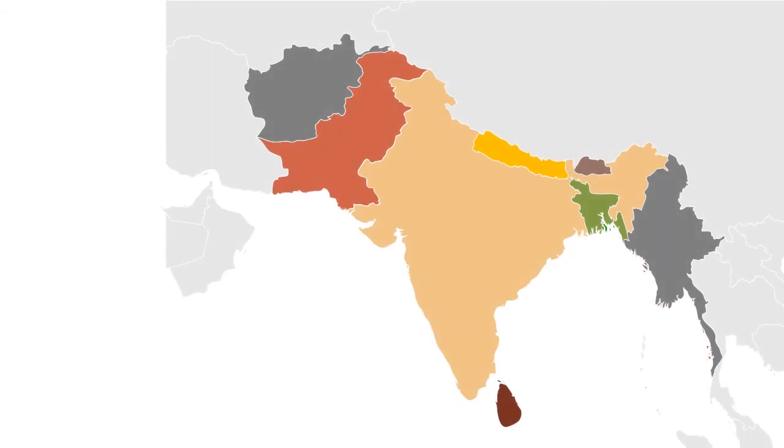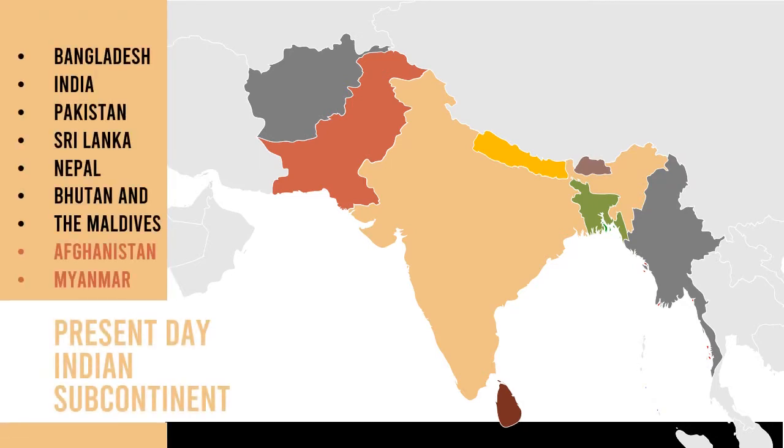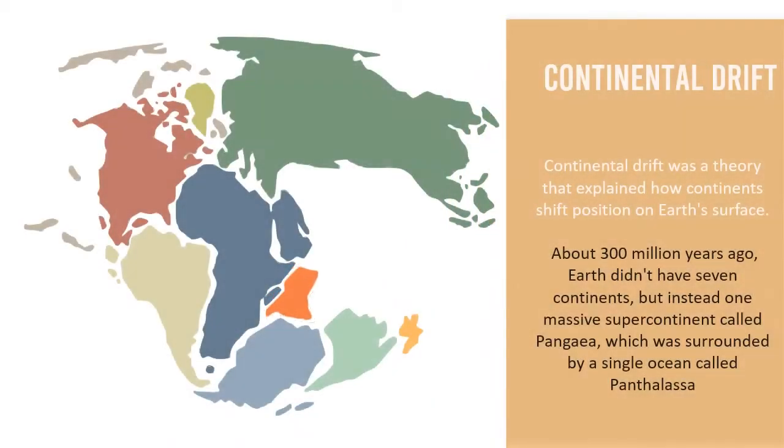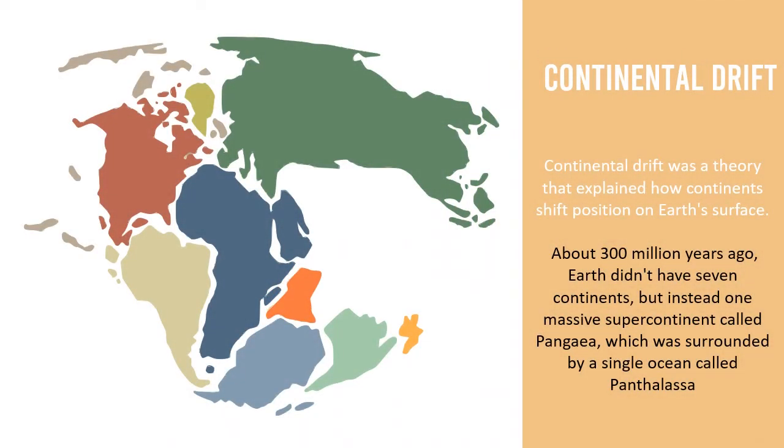According to the continental drift theory, the world was a singular mass about 300 million years ago, a supercontinent which is called Pangaea. Further, that theory explained that the Indian subcontinent mass was between the South American and Australian mass of the Pangaea.